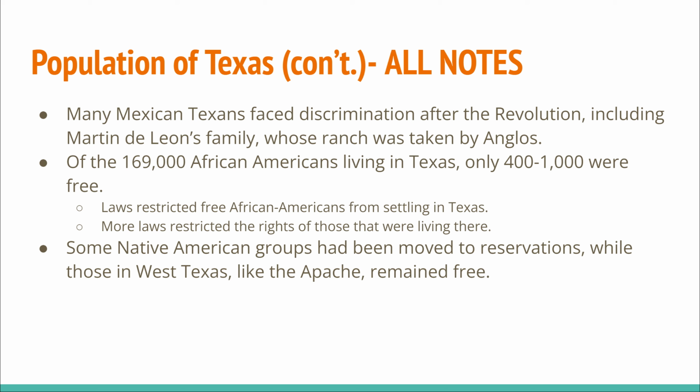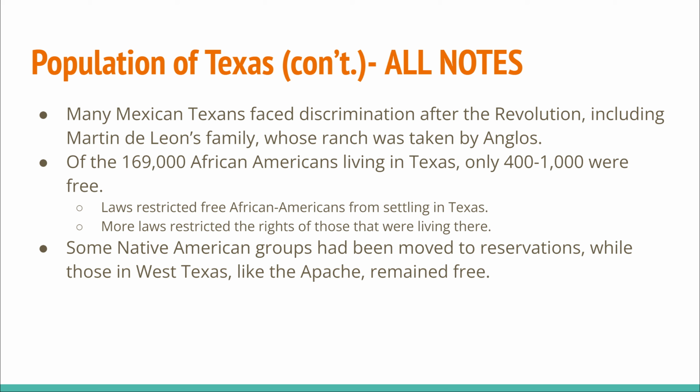At the time, there were over 160,000 African Americans living in Texas that were slaves. Out of that 169,000, 1,000 or less were actually free. So almost all of the African Americans in Texas were slaves.